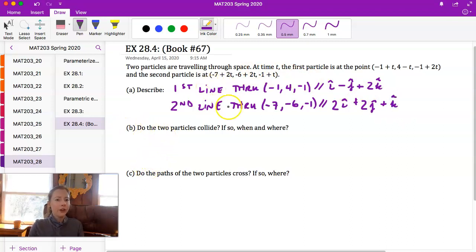Now, we have to figure out whether the two particles collide. And if the particles do collide, when and where. So in order for the particles to collide, we need the following.